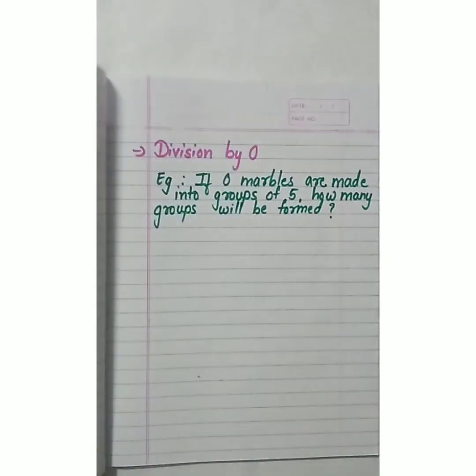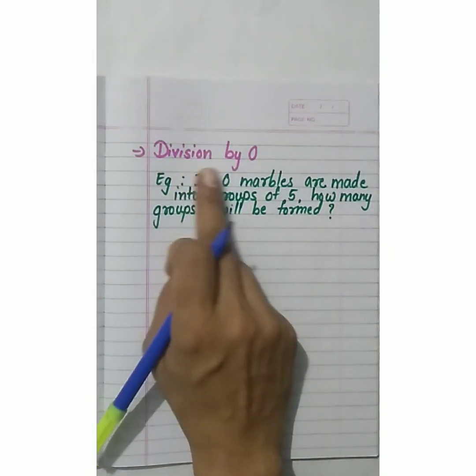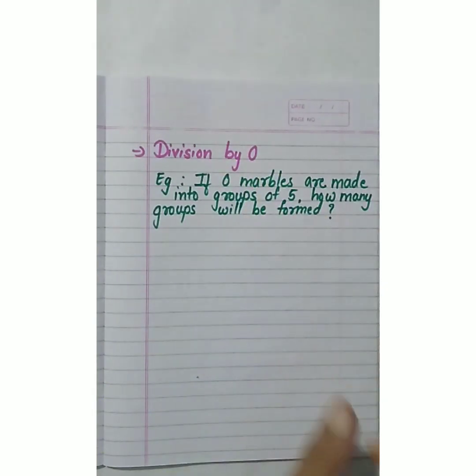Now, our third fact is division of 0. When we divide 0 by any number other than 0, the quotient is always 0. 0 divided by 6 is equal to 0. 0 divided by 3 is equal to 0. It means if we divide 0 by any number other than 0, the quotient is always 0.